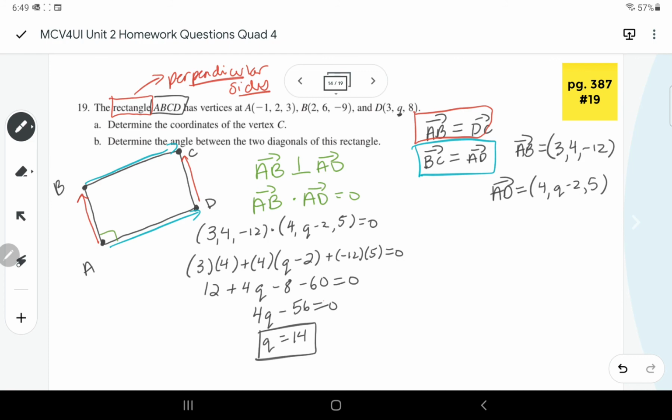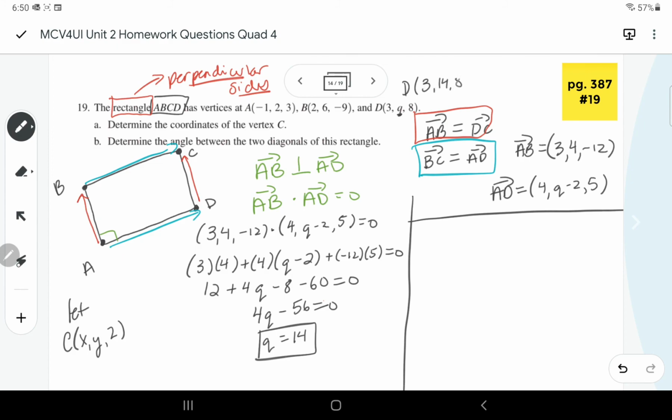So now that we have that q, now we can use these equal vectors to find C. So I'll just say that it's (x, y, z). D now is (3, 14, 8). So now I know that AB equals DC, and I know that DC is going to be the end minus the start.